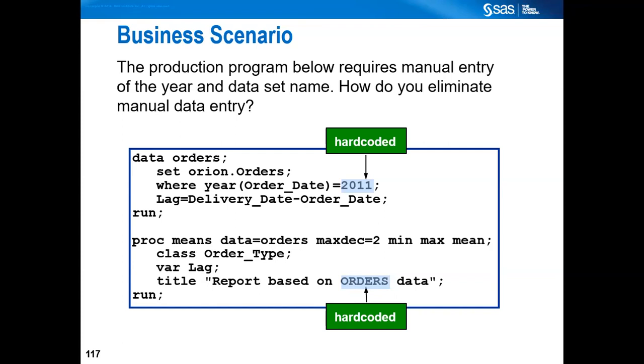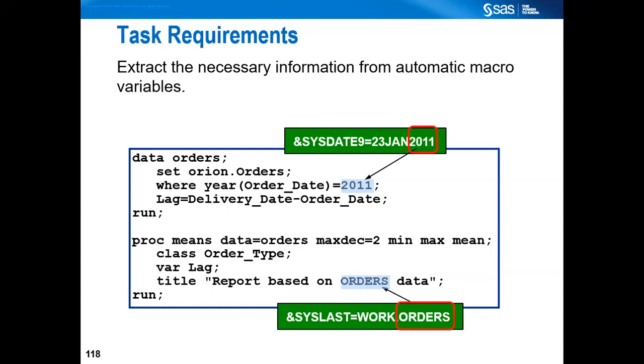So moving ahead with this 2011. Normally we know the date is always saved in the form of SAS date 9 dot format. Correct? Your system date is ampersand sysdate9 equal to this value. Here we can make use of a macro variable where you can extract only the year part from this system date.